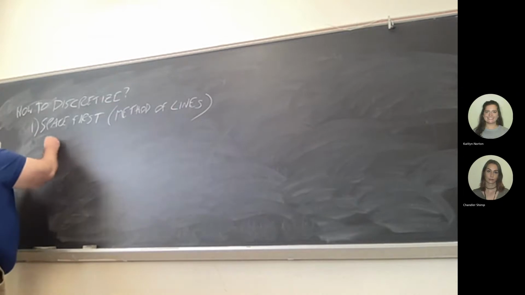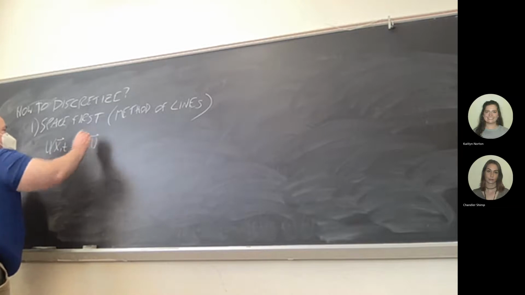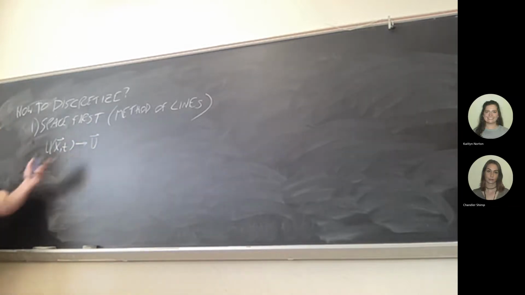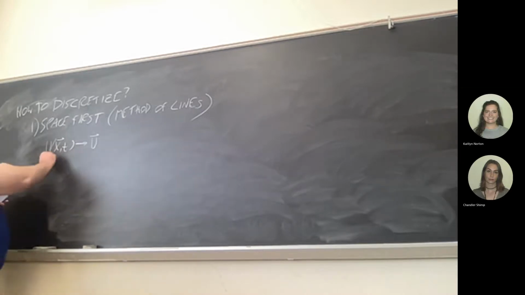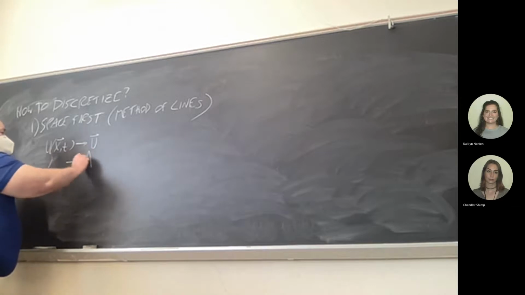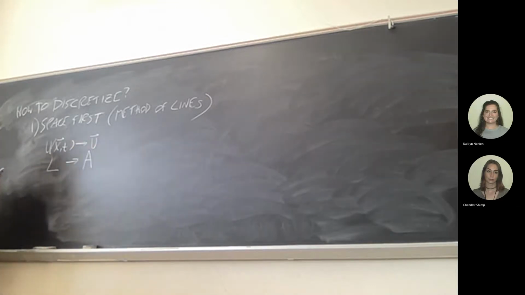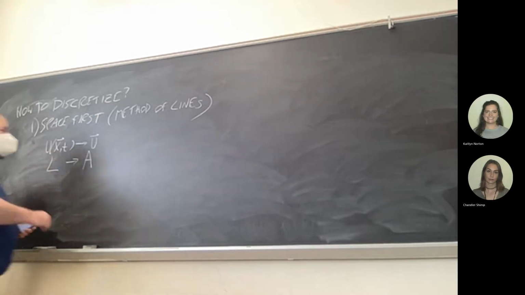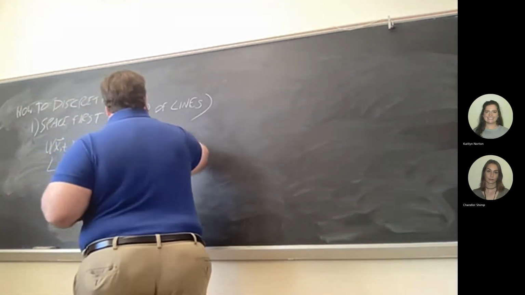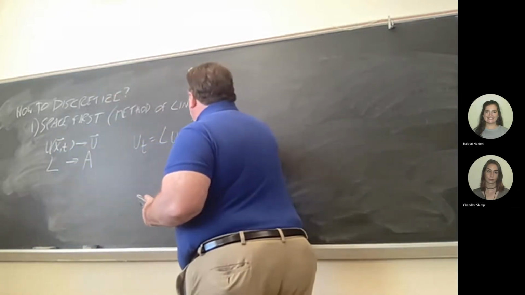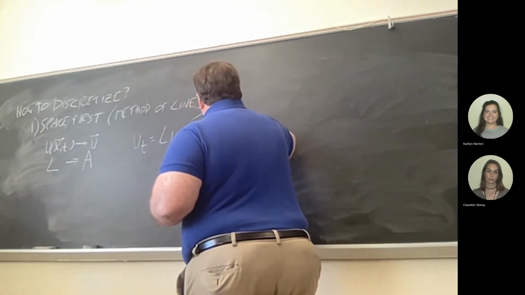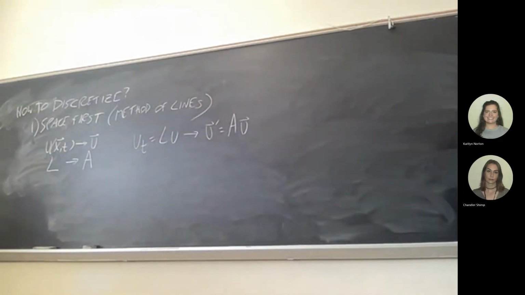The idea is your solution, u of x, t, becomes a vector u, where the elements of u are the values of the solution at selected grid points that may or may not be equally spaced. And then the differential operator L becomes some matrix A. So the PDE ut equals Lu becomes a system of ODEs, u prime equals Au.